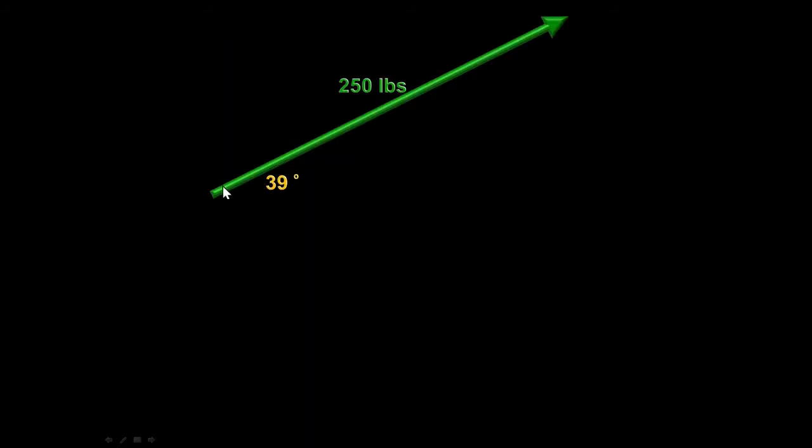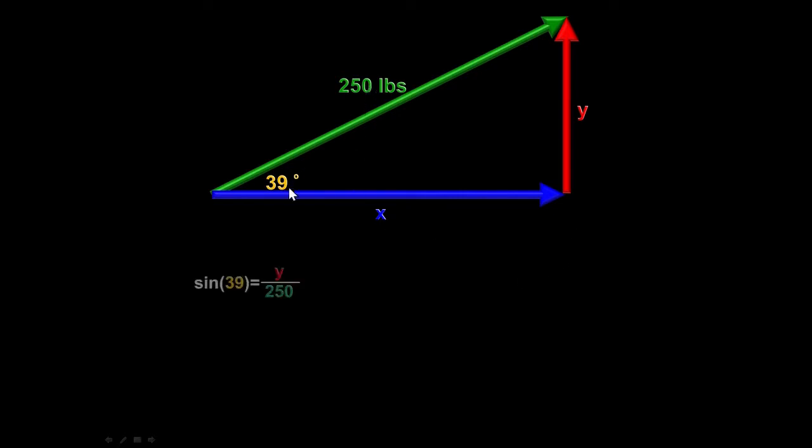So if I had a force, which is a vector quantity, magnitude and direction, 250 pounds at a 39-degree angle, there is a component horizontal and a component vertical, because you could have described that force as being to the right and up. Well, if I know the hypotenuse and the angle, I could use sine.